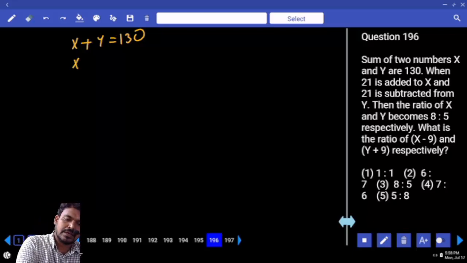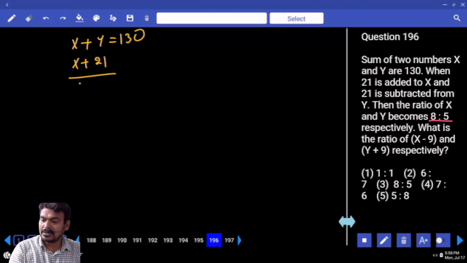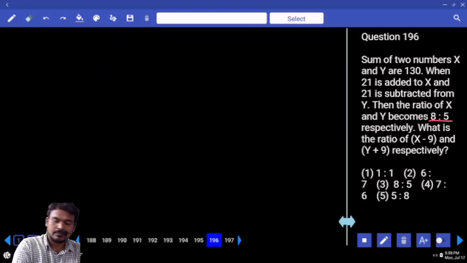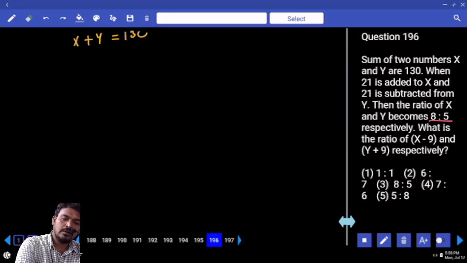That means x plus 21 and y minus 21. What is the ratio? 8:5. So (x plus 21) by (y minus 21) equals 8:5. And x plus y equals 130.